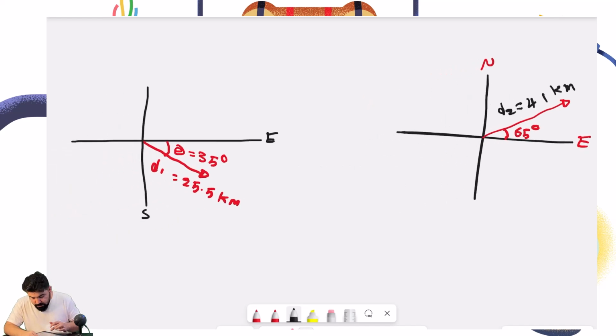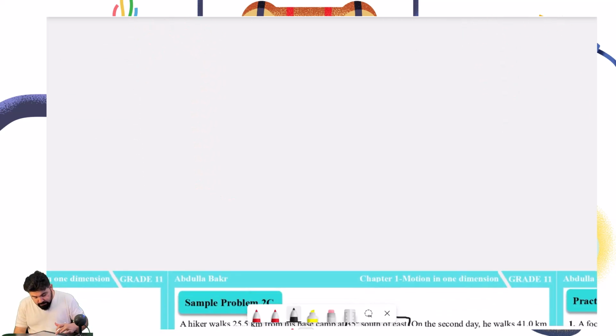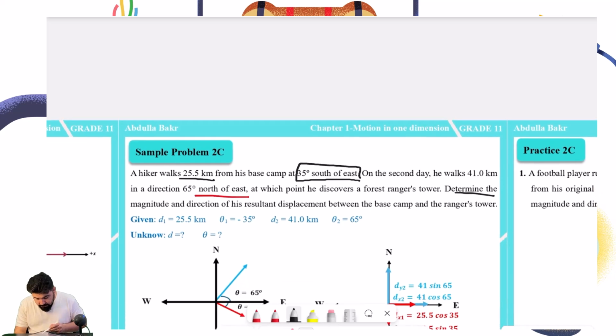So this is my first vector, this is my second vector. Now, guys, what do we need to find? Let's read the question again. It says determine the magnitude and the direction of his resultant displacement. So I need to find theta and I need to find displacement 2.